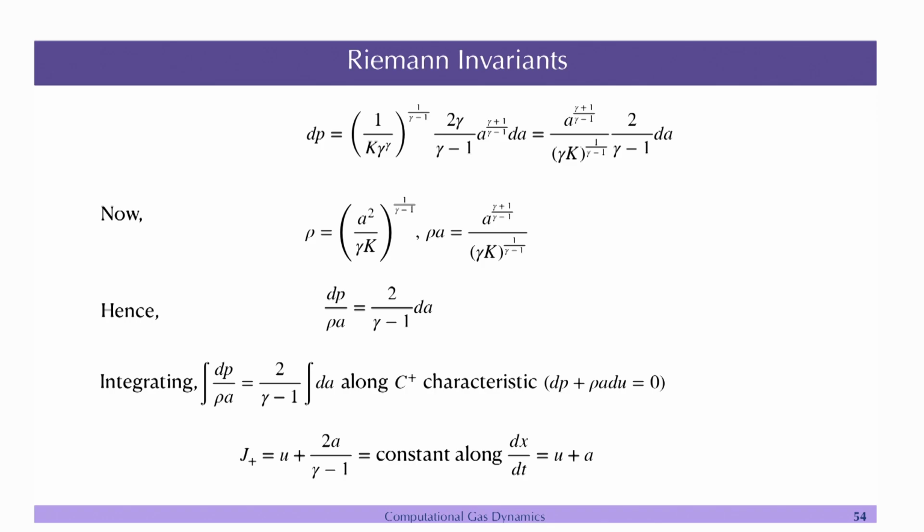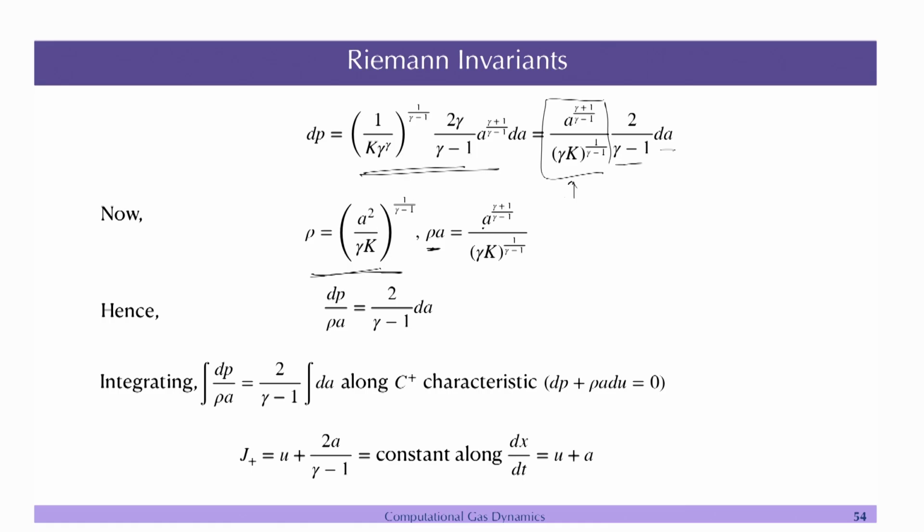So, now I am trying to rearrange it. So, this is the relation that we have, okay. I have taken 2 by gamma minus 1 into dA, and then I have separated all these terms. Now, if you look closely, this is nothing but rho a, okay, because rho was this, and you multiply with a here. So, this is a to the power 2 by gamma minus 1.